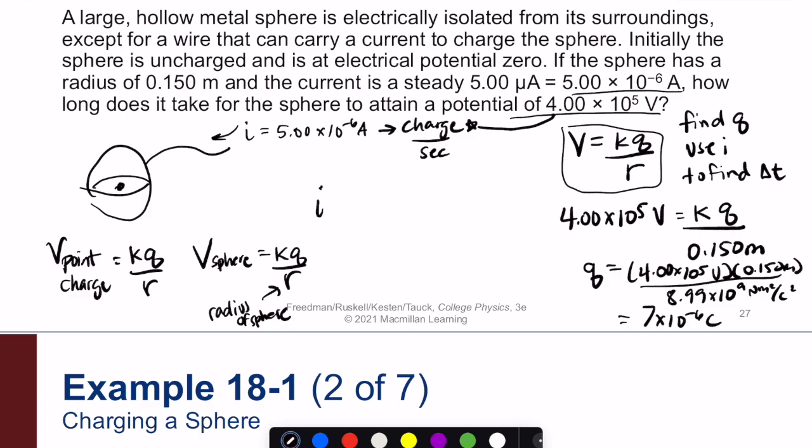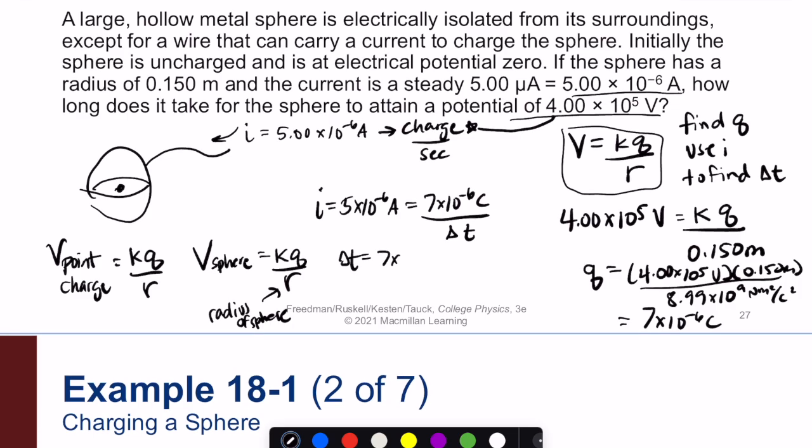The rate at which we're moving the charge is 5 times 10 to the minus 6 amps. So if we are moving 7 times 10 to the minus 6 coulombs of charge, how much time will that take? We can find that out. Delta T is going to be 7 times 10 to the minus 6 divided by 5 times 10 to the minus 6.